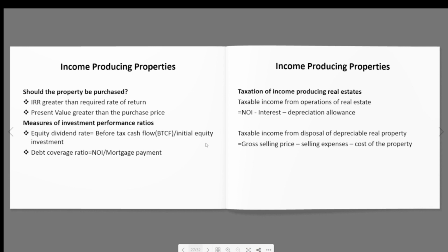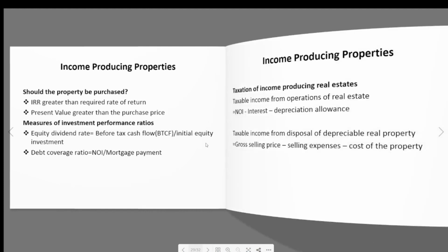Taxable income from disposal of depreciable real estate is equal to the gross selling price less the selling expenses and less the cost of the property.